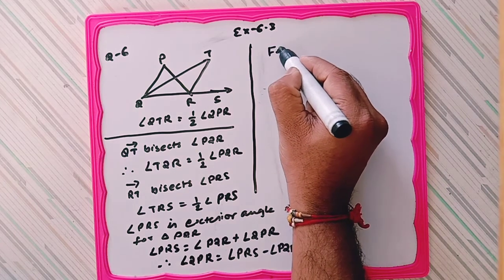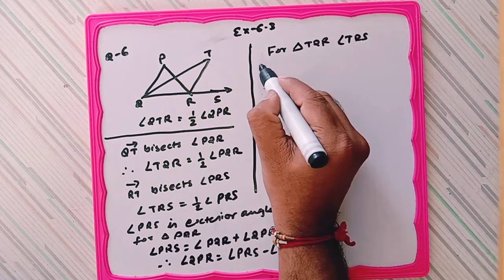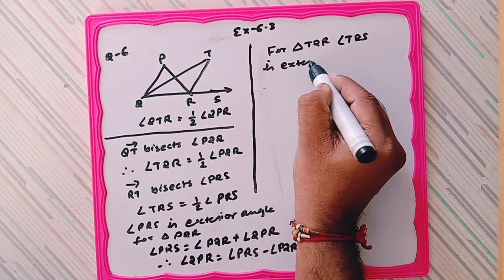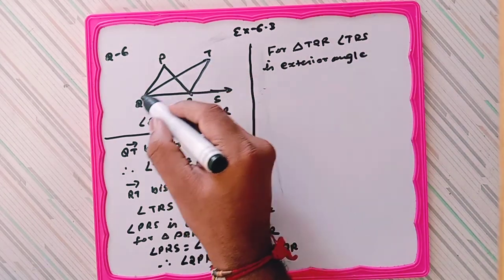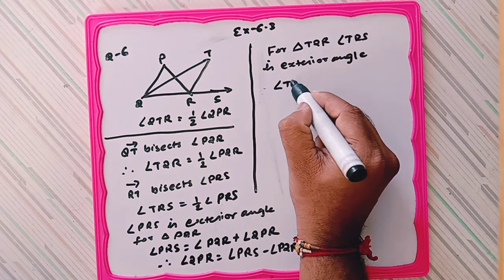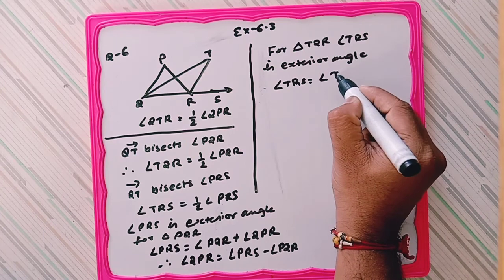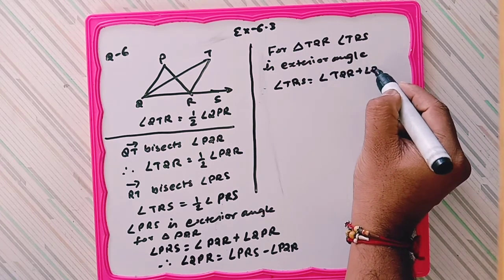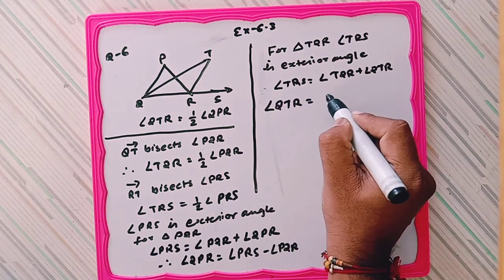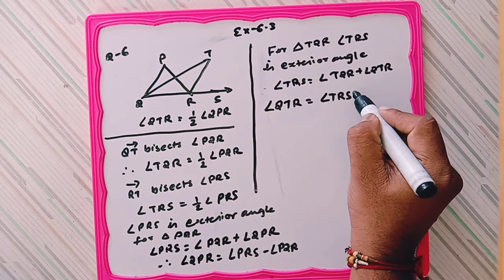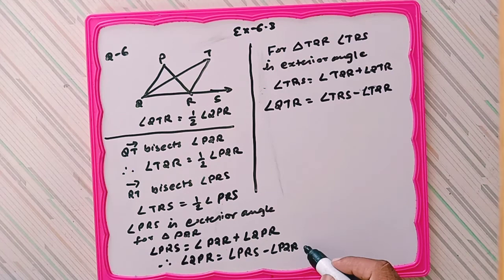Now for triangle TQR, angle TRS is the exterior angle, and again the exterior angle is equal to the sum of the interior opposite angles, and so angle TRS equals angle TQR plus angle QTR, and so angle QTR equals angle TRS minus angle TQR.